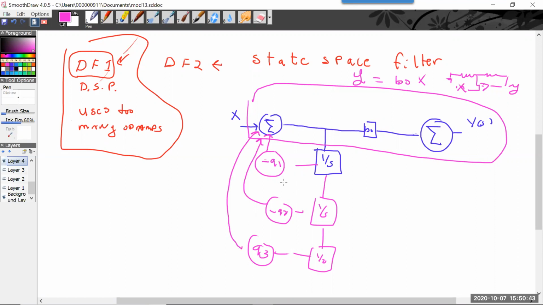So these are the feedback loops. But then we also have what you might call feed forward.